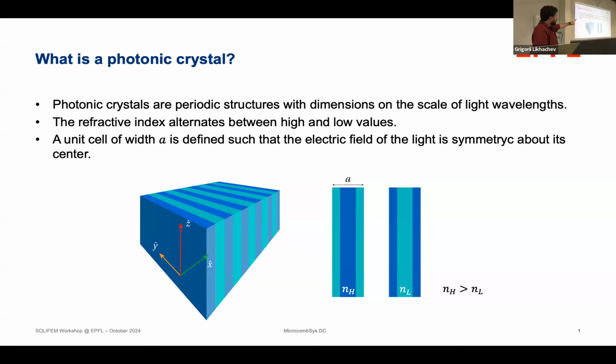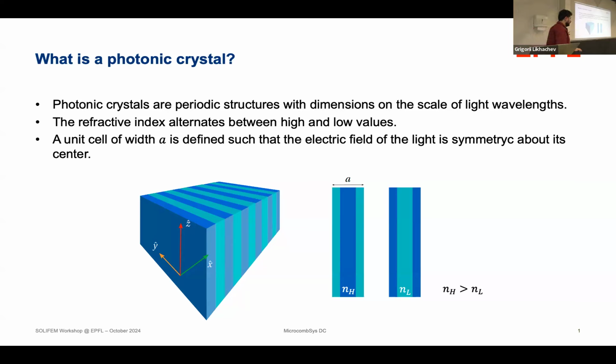The two layers that you see on the right-hand side of the slide are what we call a unit cell. A unit cell is a cell where the electric field inside of it is symmetric about the center. So you wouldn't be able to define a unit cell that doesn't look like that.